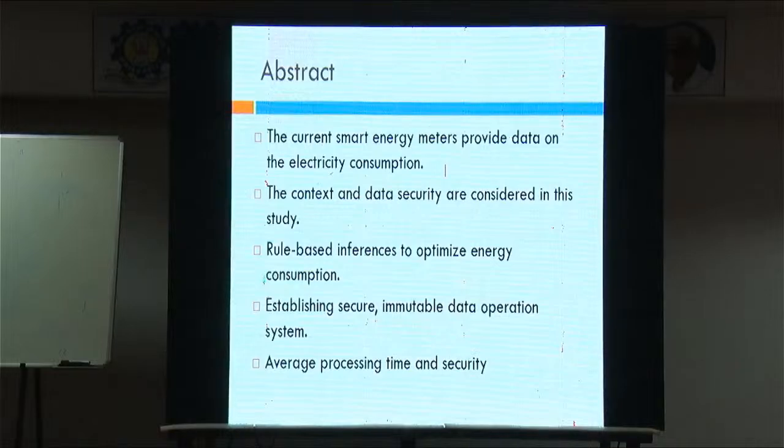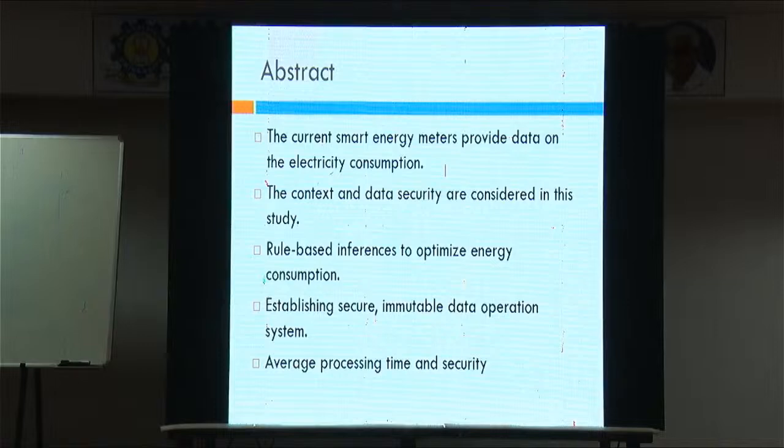Electricity consumption is increasing day to day, and here our objective is to reduce the electrical consumption rate on the customer end, and on the service provider end the customer data and the electrical consumption data should be kept secret. So we work on the smart meter system, and there is a technology that can list device-based electricity consumption, but we also add context-aware rule-based inferences so that the electricity consumption rate can be minimized.